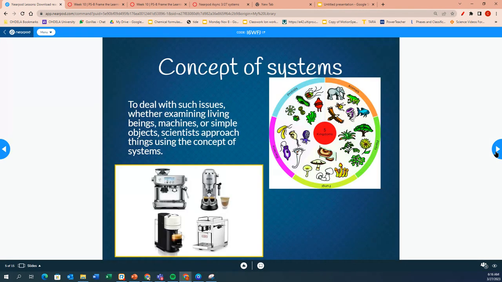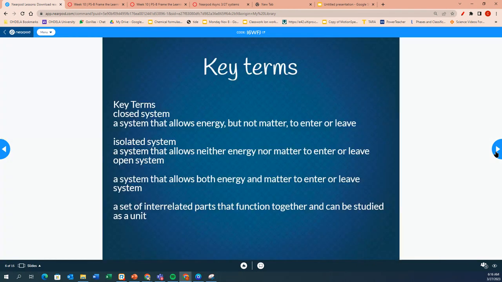So the concepts of systems. To deal with such issues, whether examining living beings, machines, or simple objects, scientists approach using the concept of systems. So here are your key terms. A closed system is a system that allows energy, but not matter, to enter or leave.